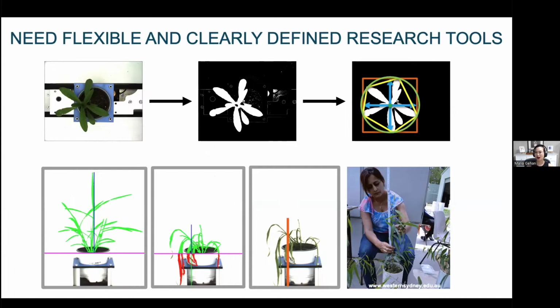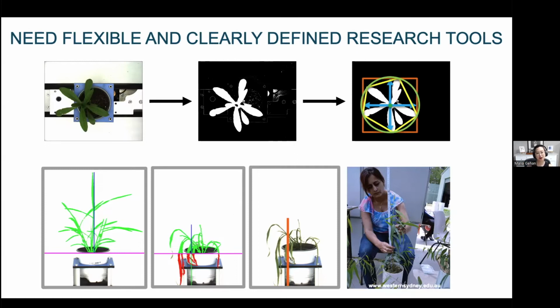Often they were not editable, so they weren't open source or open development where we could change them. They were kind of black boxes. They were meant for specific plant architectures or only extracting a single trait. So they were a little bit less flexible than what we were looking for.